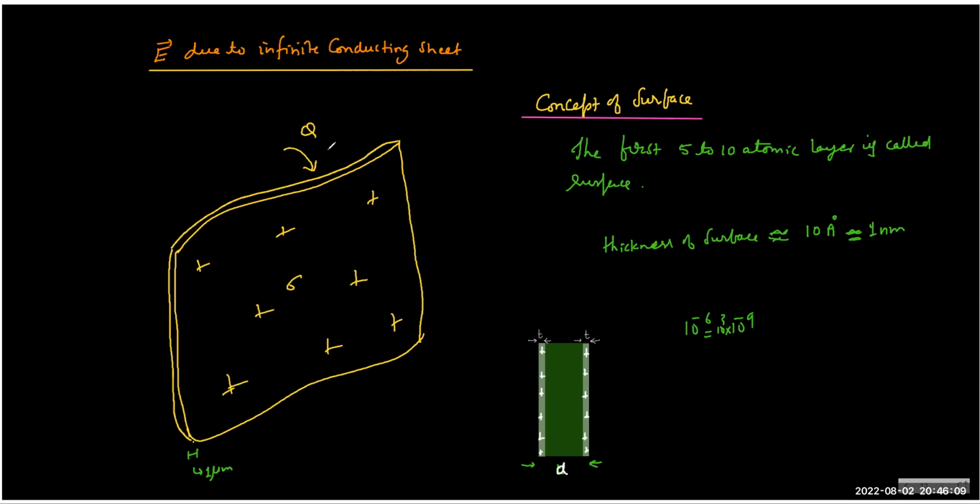So every given charge Q, the half will appear on this side and the other half will appear on this side. Do you realize this? Up to some thickness, which is so T is roughly 1 nanometer.